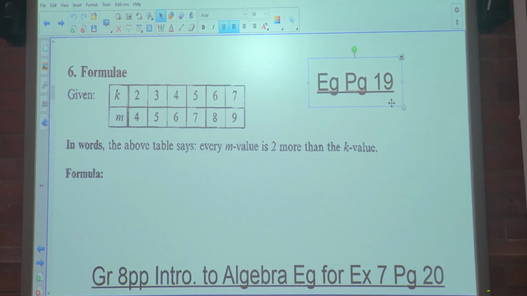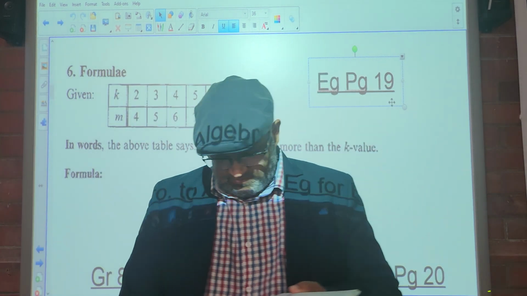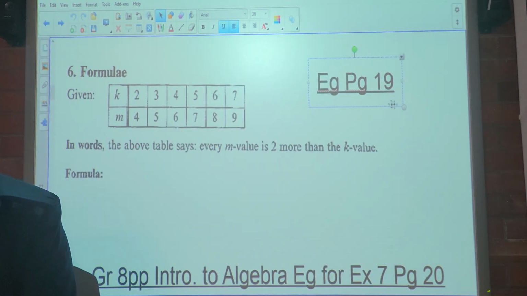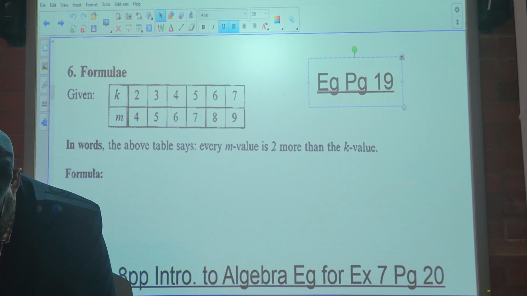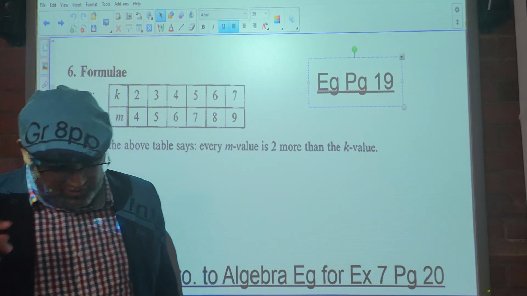Exercise 8 is on page 22 and the examples on page 21.